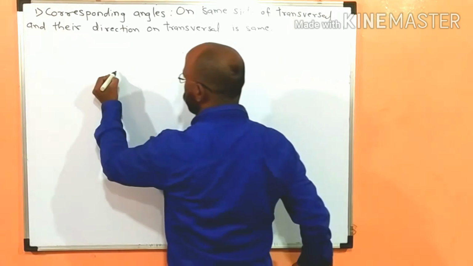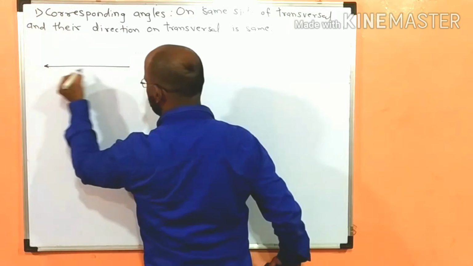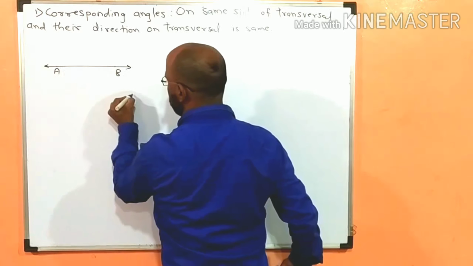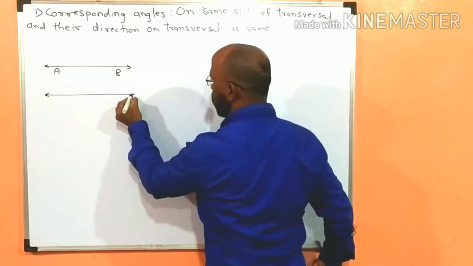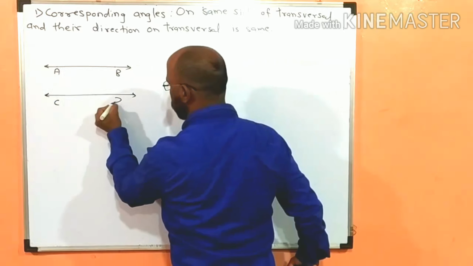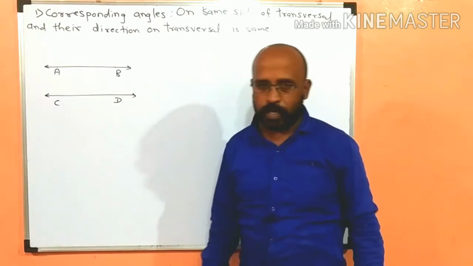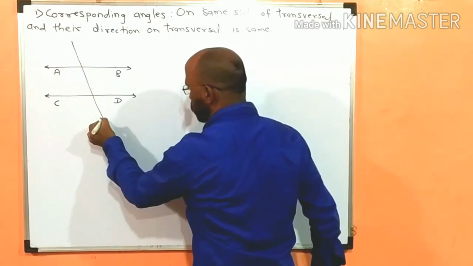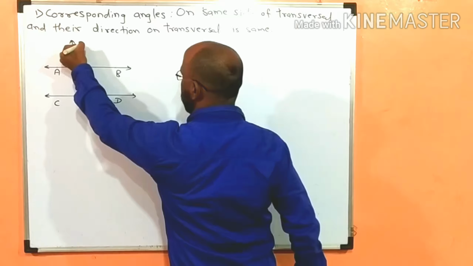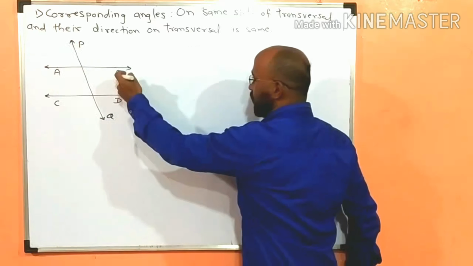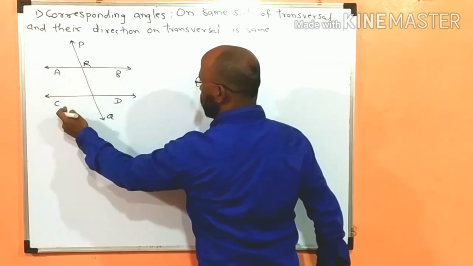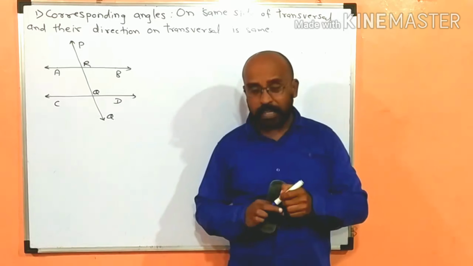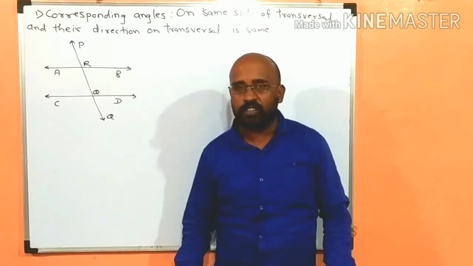Consider students, there are two lines. This is line AB. This is line CD. Okay students, these are two lines and one line is intersecting these two lines at two different points. Suppose this is line PQ intersecting line AB at point R, intersecting line CD at point Q. So among these three lines, which line is transversal?